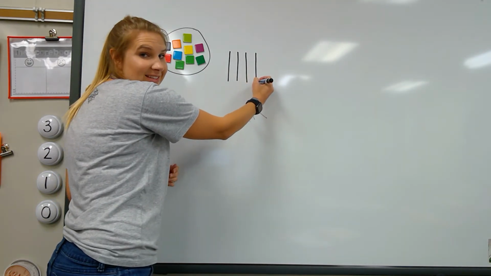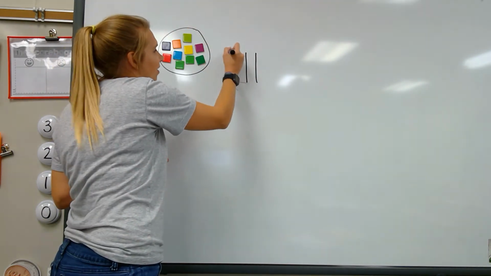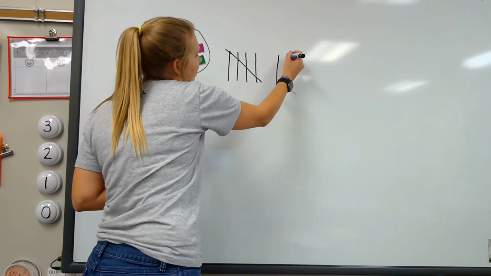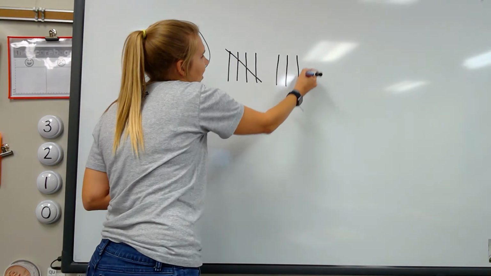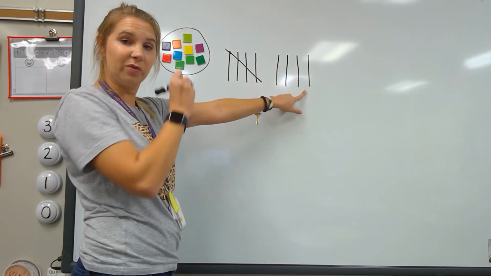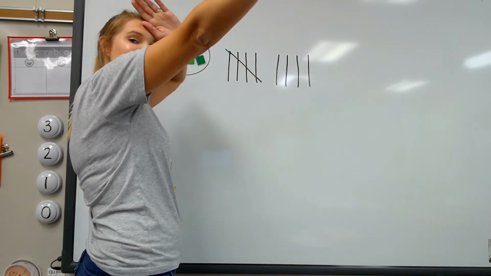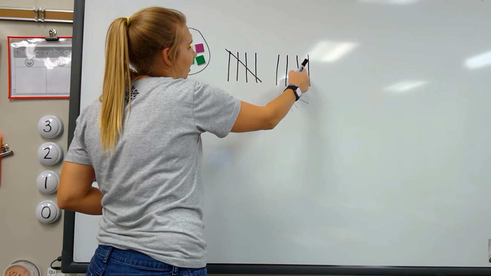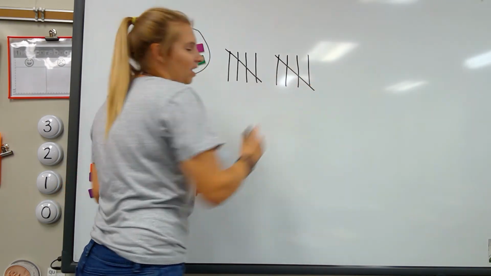What comes next? Dab. There's 5. 6, 7, 8, 9. Now there's 4 right here. Where is the 5th one gonna go? Dab. So 6, 7, 8, 9, 10.